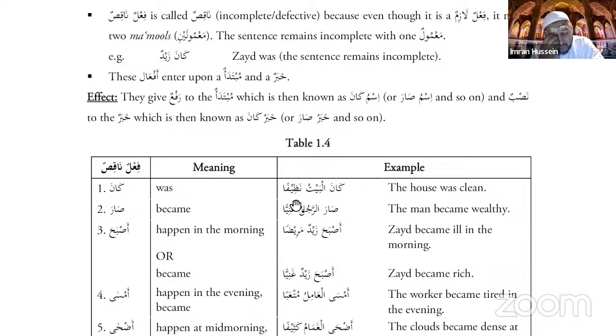Remember this point: any noun coming as a subject by default receives a dhamma. Al-baytu. And the second word, nadhifun, where does it get its dhamma from? Dhamma tanween.